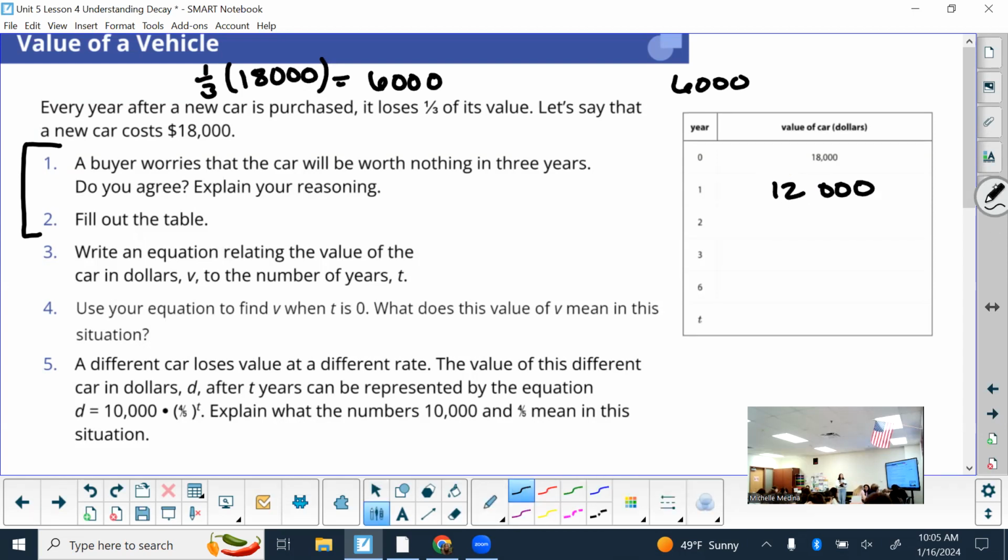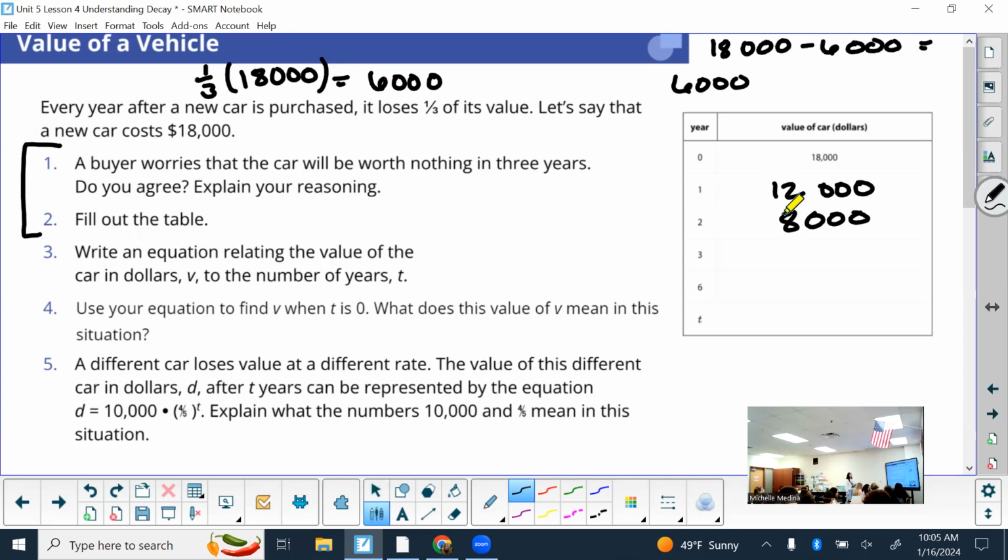So then 18,000 minus 6,000 is 12,000. But then what's a third of 12,000? Table 8? 4,000 is what it's losing. 12,000 minus 4,000 is 8,000 after year 2. So you could do that.